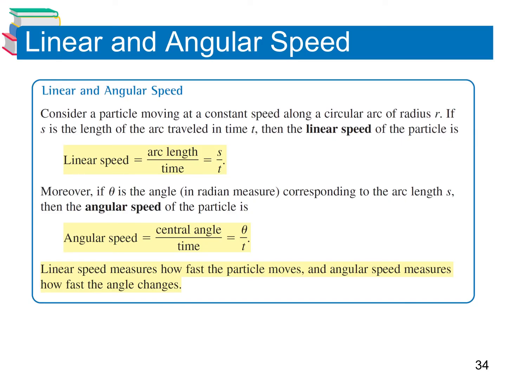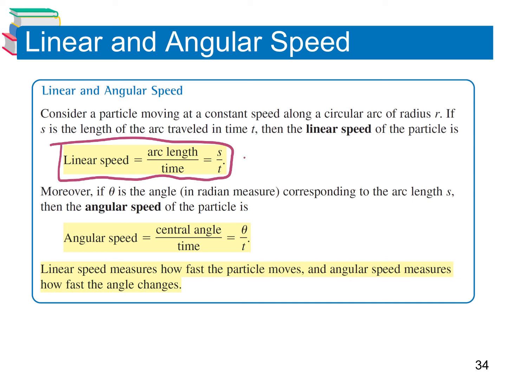So here we have the linear speed formula, so we could find how fast our particle is moving. That is our arc length over time. What's our formula for arc length? S equals r times theta.